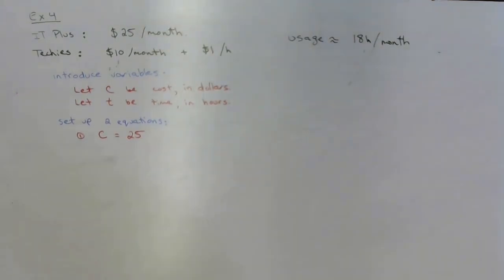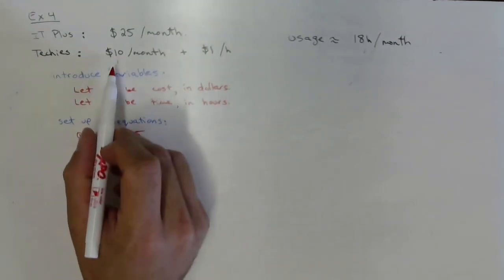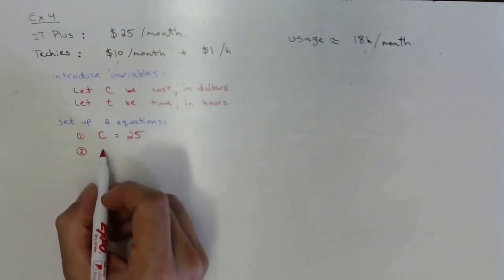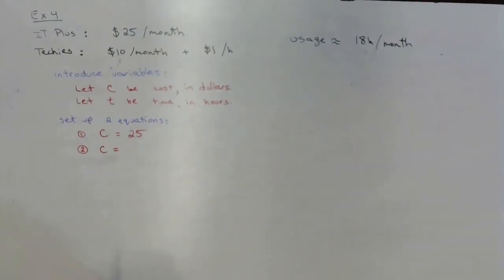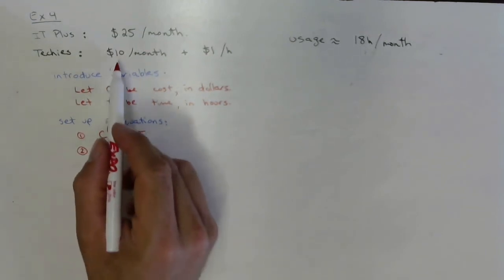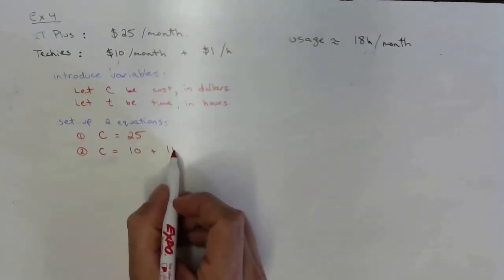And equation 2, think it through, folks. 10 bucks a month plus $1 every hour. C equals, oh, 10 plus 1H.